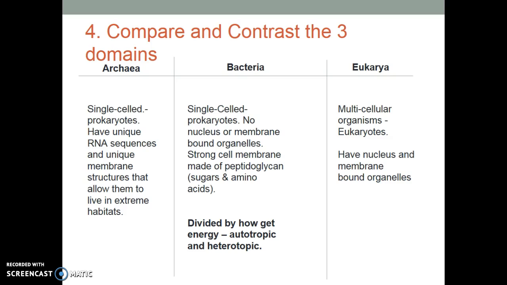Autotrophs make their own food. Heterotrophs have to consume another organism to get their food. Eukarya, that is where we hang out. Multicellular organisms, they have eukaryotic cells, which means they have a nucleus and membrane-bound organelles.